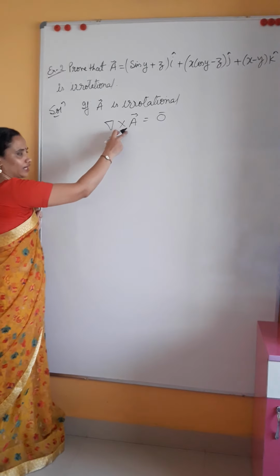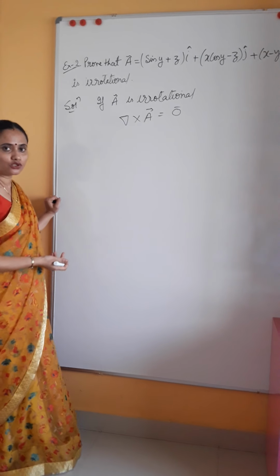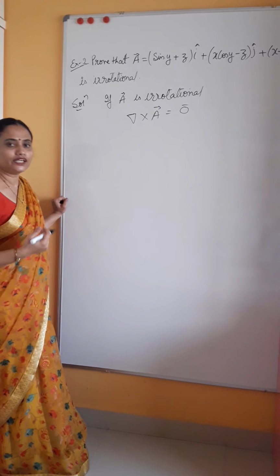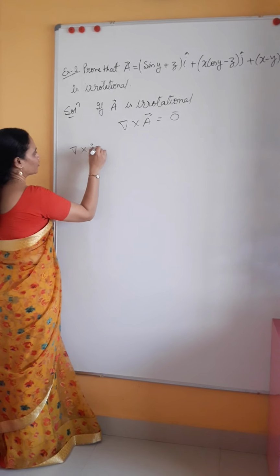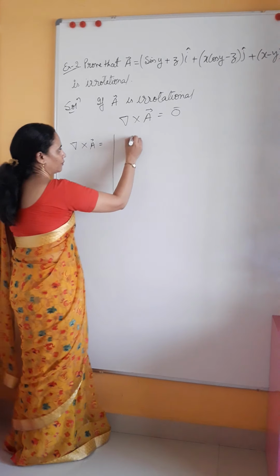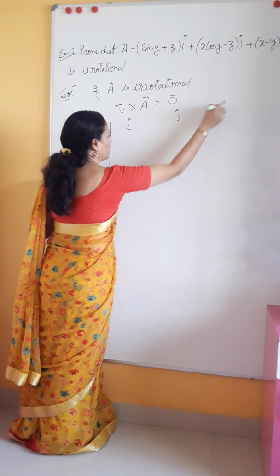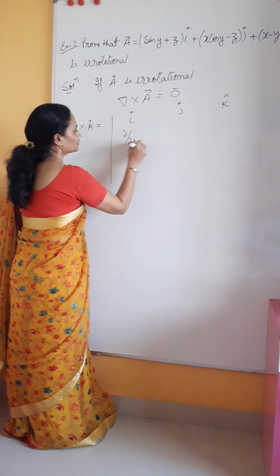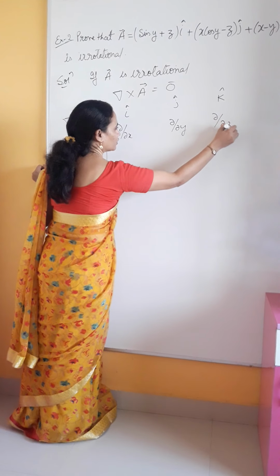So if we find out curl of the function, and if that becomes null vector, then we can conclude that the given vector is irrotational. So curl of A is defined as, in determinant form, i, j, k, dou by dou x, dou by dou y and dou by dou z.